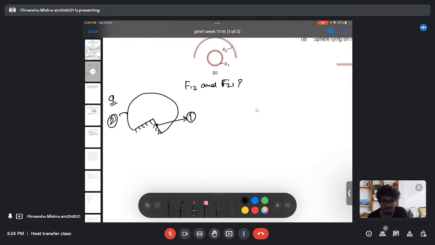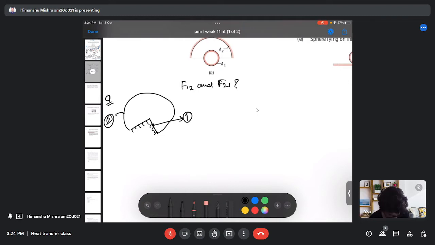So these are the view factors we need to find. Just by clearly looking at the figure, we can say that f1,2 will be 1.